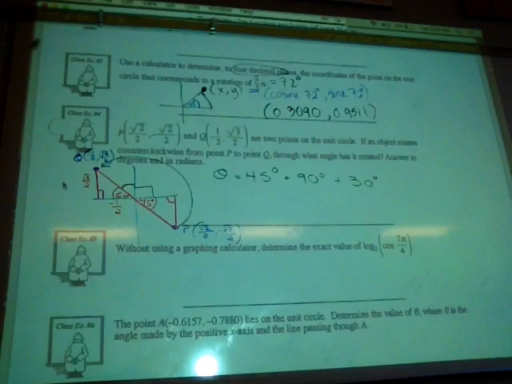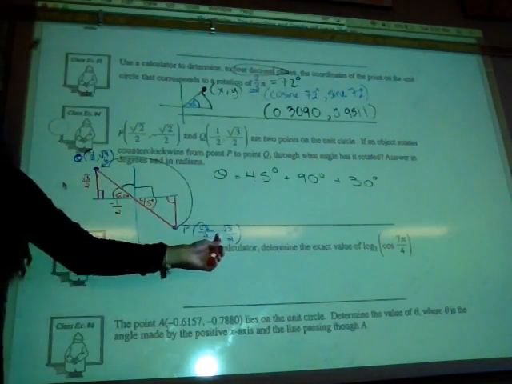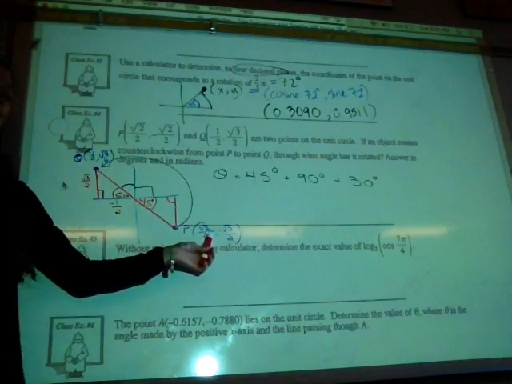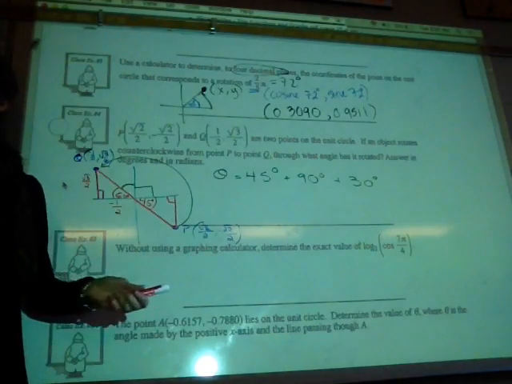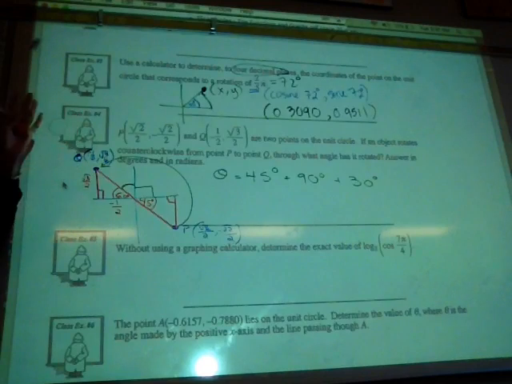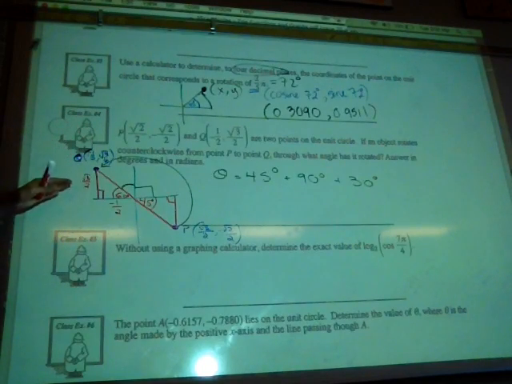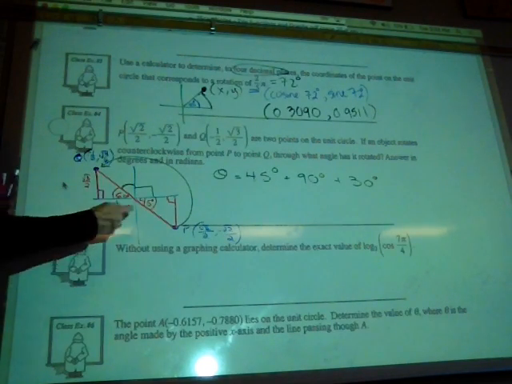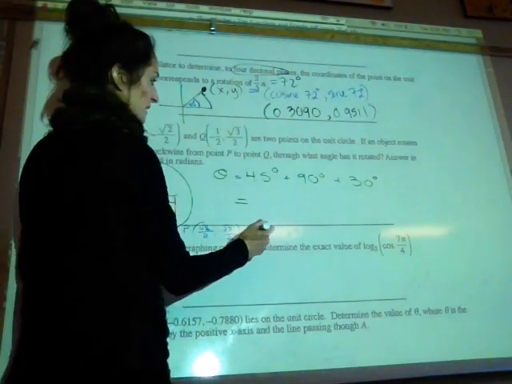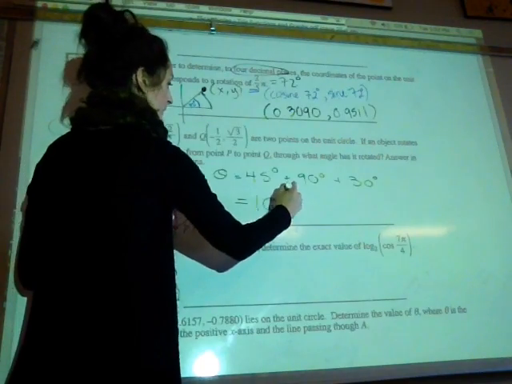I was just like, how do you know it's 60 and I know it's 45, but it's because of the points, right? Yeah, exactly, because of the ordered pairs. And that's by memorizing the special triangle. Anytime you see a root 2 over 2, that should be like 45 degrees. Okay? And if you see a half and root 3 over 2, then you have to think, is that 30 or 60? And I usually draw it out, and I know that 30 times 3 is 90. That's just how I memorize it. Okay? So then we just add these up. We have 45 plus 90 plus the 30 here, and we get, what is it? 165?